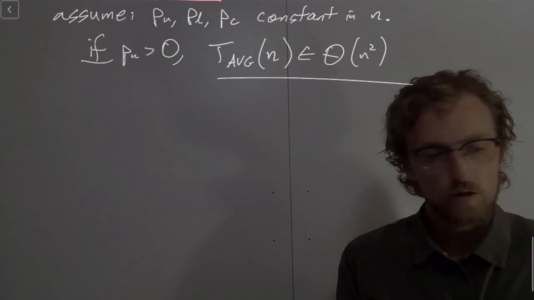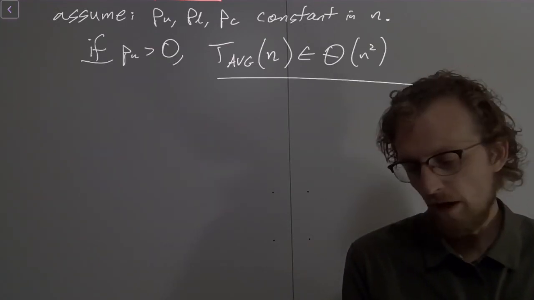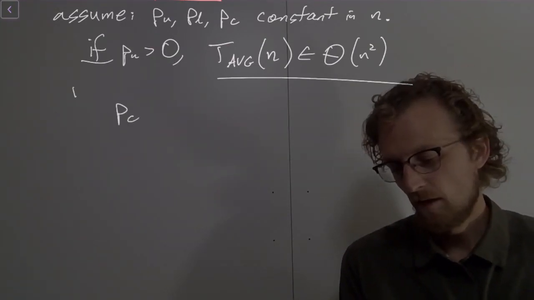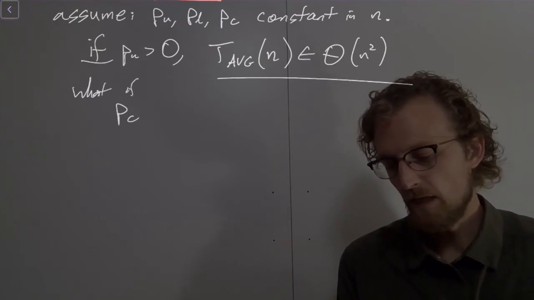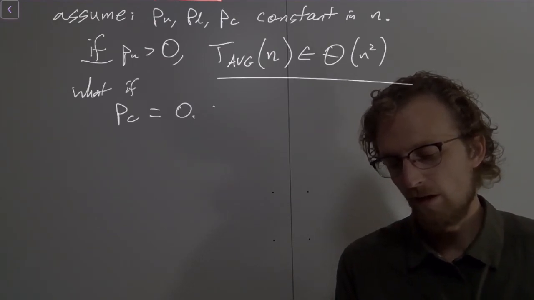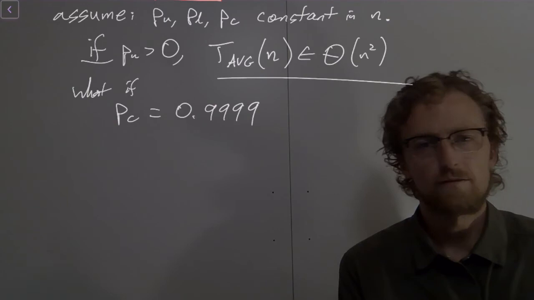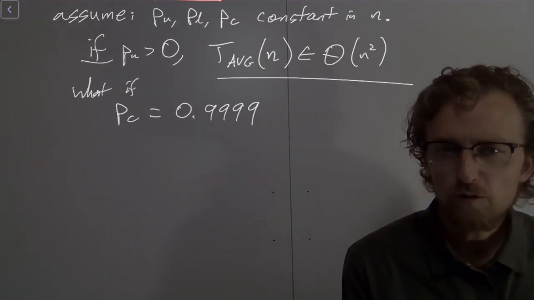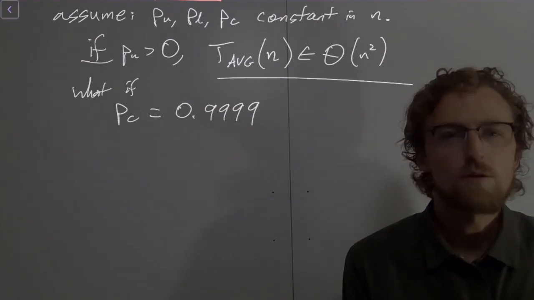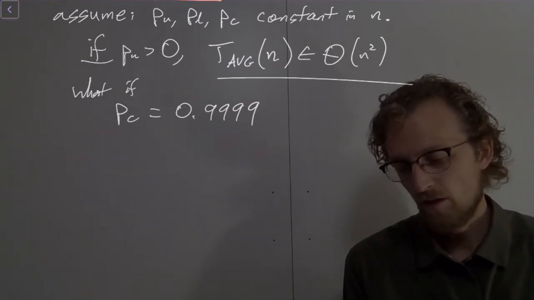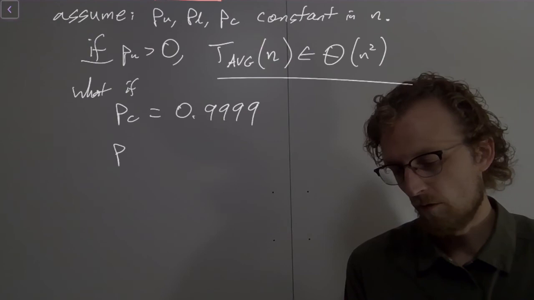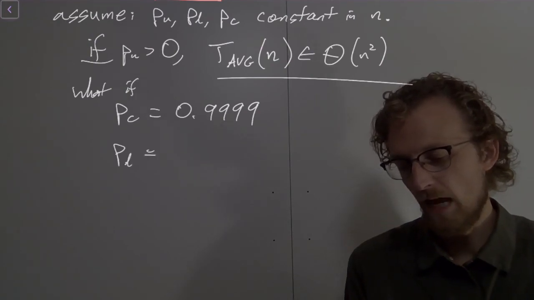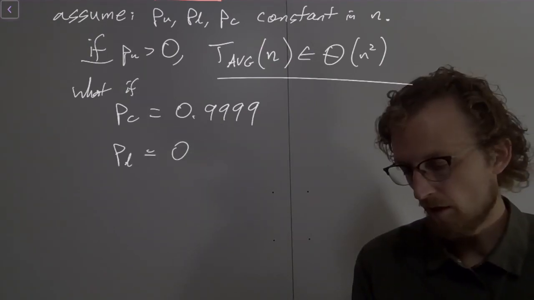So the one question we could ask is, what if PC is 0.9999? So 4 nines is a lot of 9s. So it's very, very likely that the first 2 elements in the array are equal. Let's just let PL equal 0, because who cares about the linear cost?